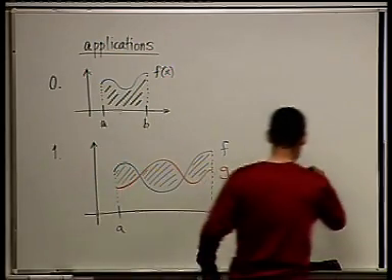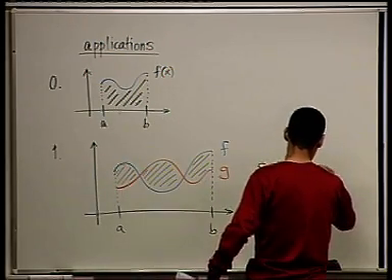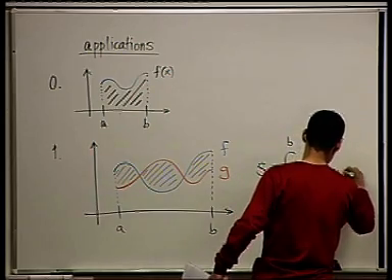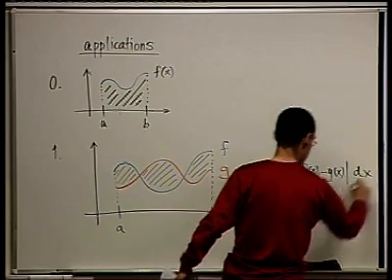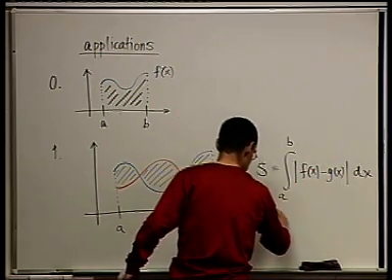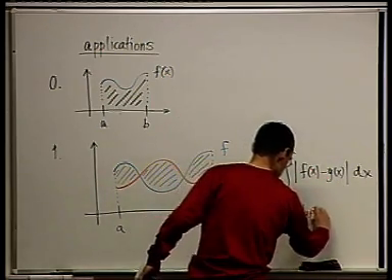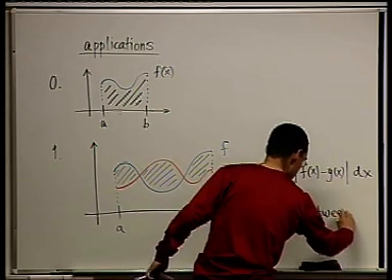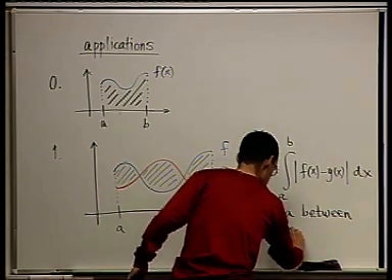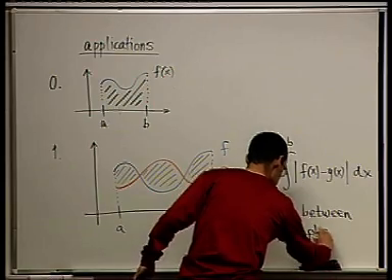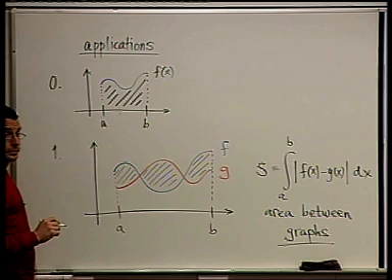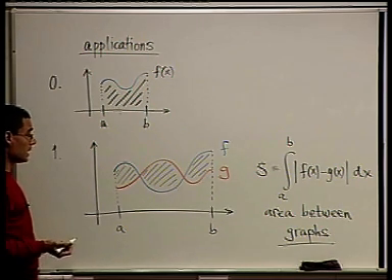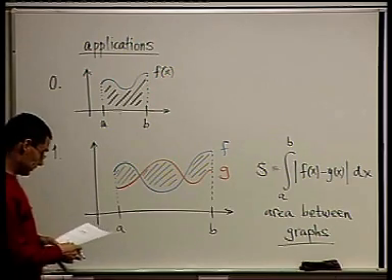So what I get is the integral of |f(x) - g(x)| dx. So this is the area between the graphs. Clear?